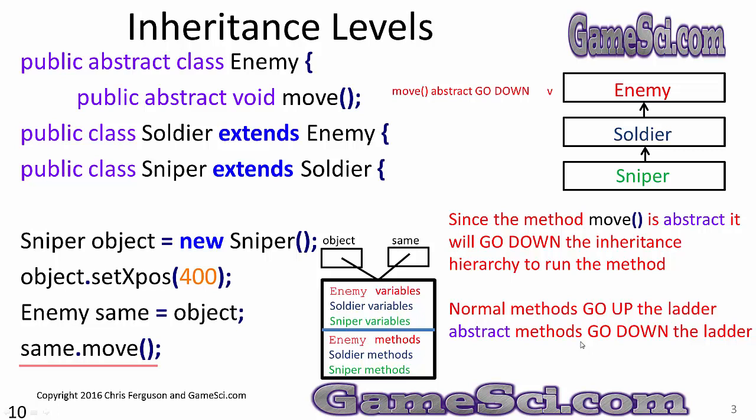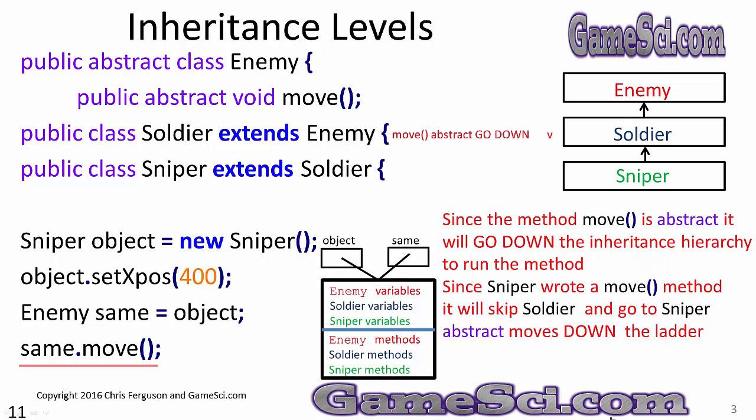Polymorphic methods go down the ladder from Enemy to Soldier to Sniper. Since the method move is abstract, it'll go down the inheritance hierarchy to run the method. In fact, it goes all the way down the line. There was a move method in Soldier, but since it's abstract, it'll go all the way down to the child class and try to execute it. Since Sniper wrote a move method, it will skip Soldier and go all the way down the ladder.